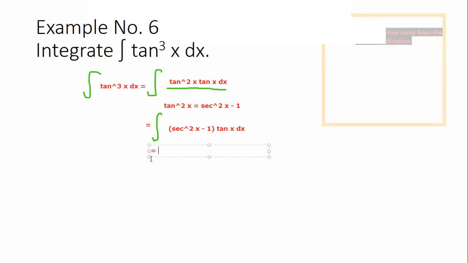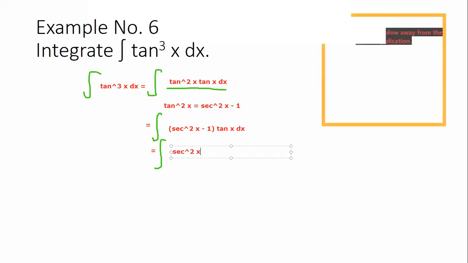So this will be the integral of secant squared x tangent x dx, minus the integral of tangent x dx.